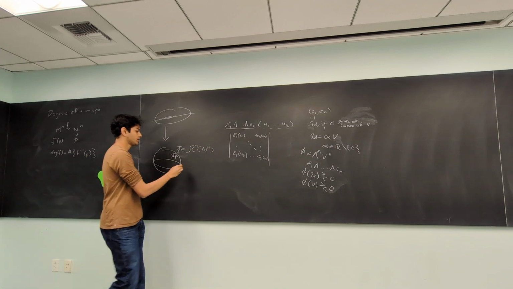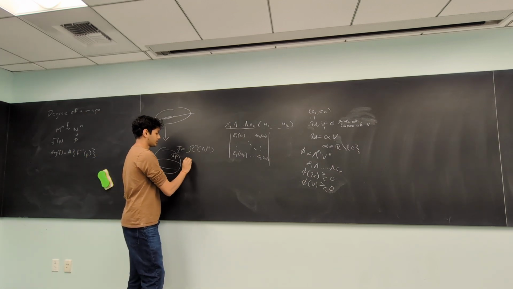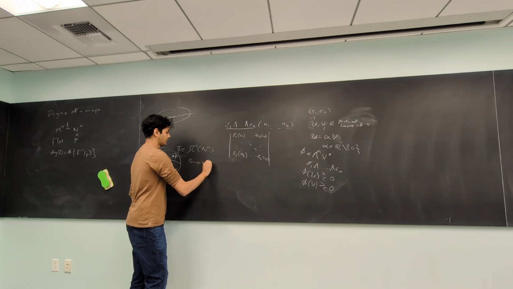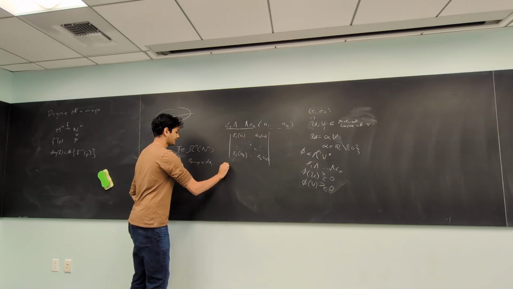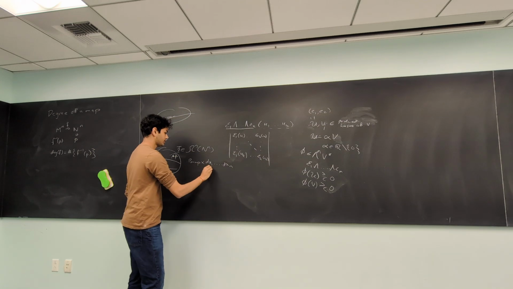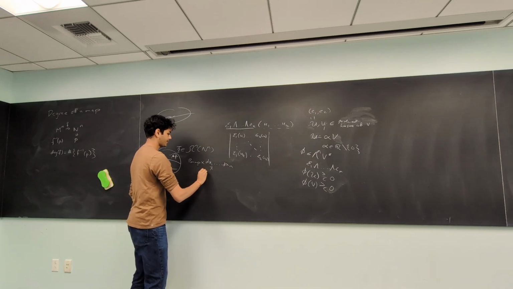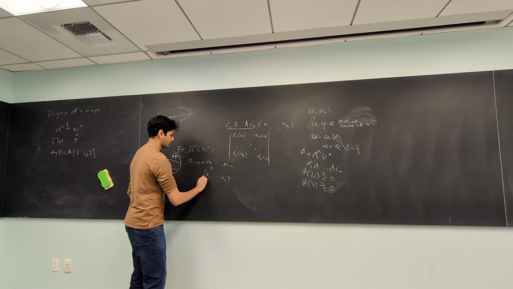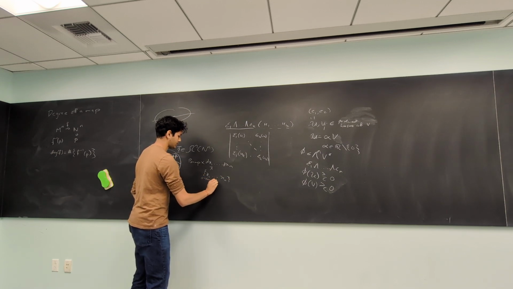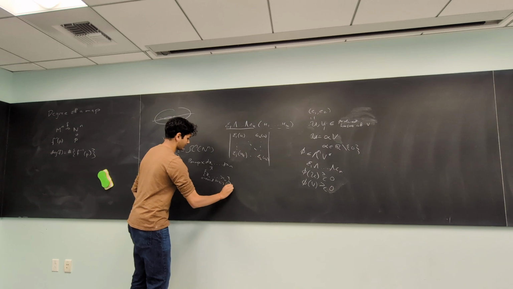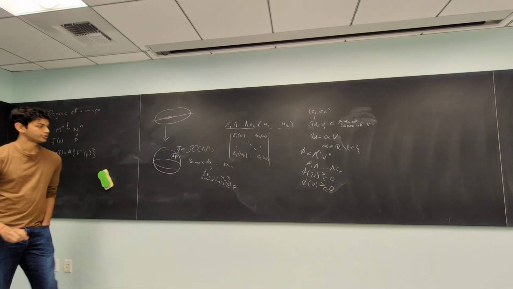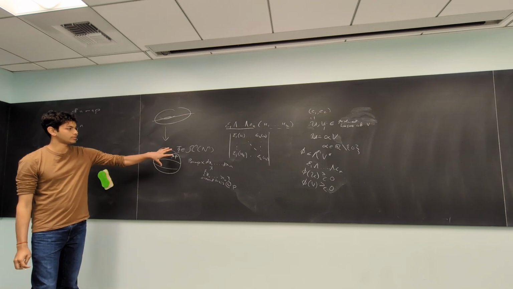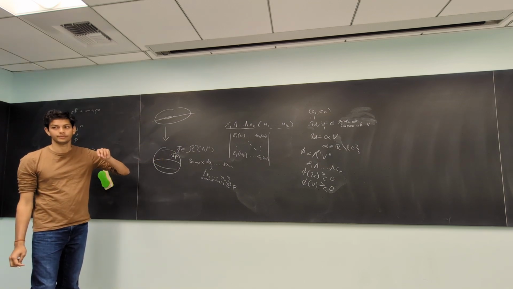In local coordinates, it'll look like some bump times dx1 through dxn, where x1 through xn is an ordered basis at the point P. Does it make sense what I'm doing here?